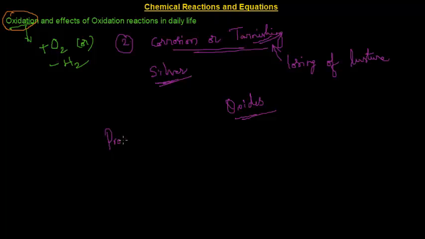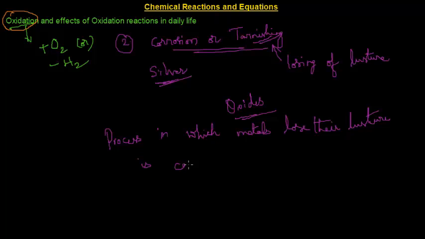That means the process in which metals lose their luster is called corrosion. So you should understand that tarnishing and corrosion is not the same. Though I have written or here, that means these metals are undergoing change.